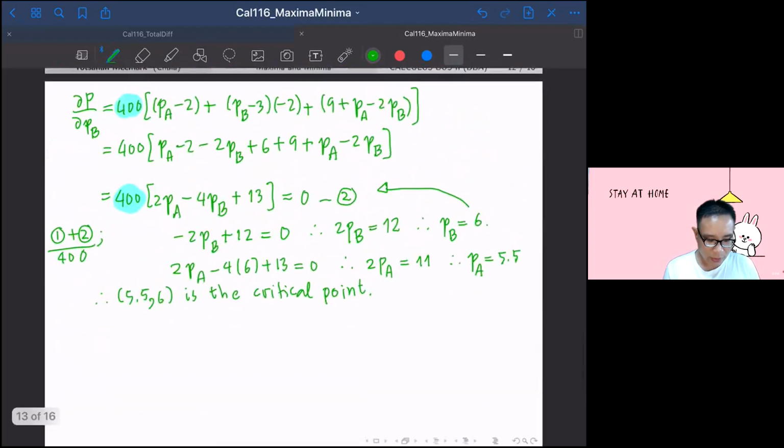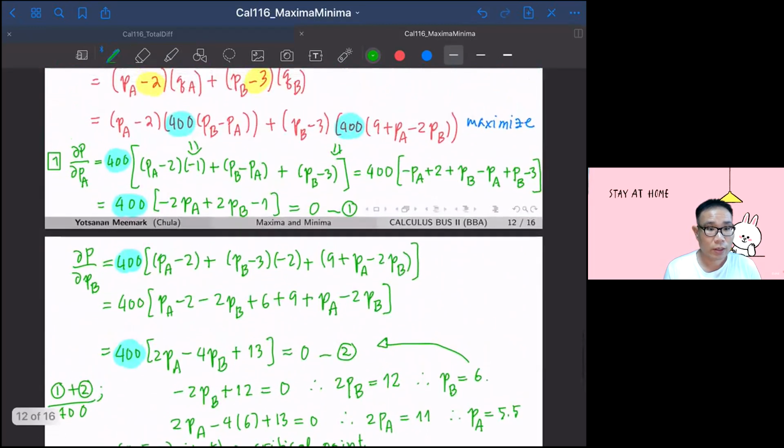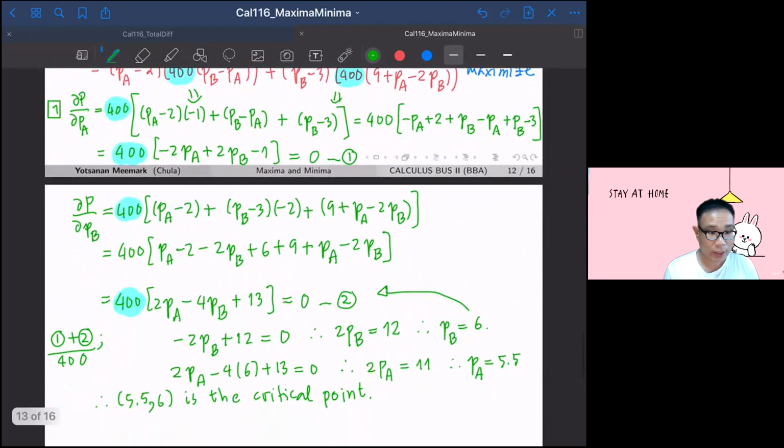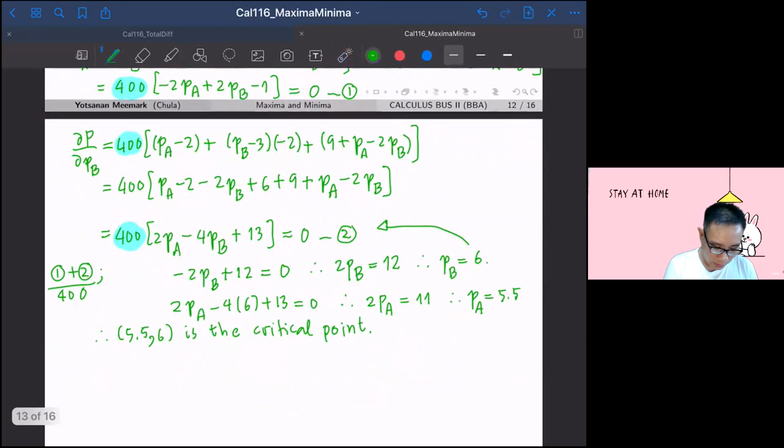And then you're going to have to find the second derivative. When you find the second derivative, be careful that you still have 400. To find the second derivative, you're going to use this term and this term. So let's find the second step. For the second step, you're going to find Pxx, Pxy, and Pyy.